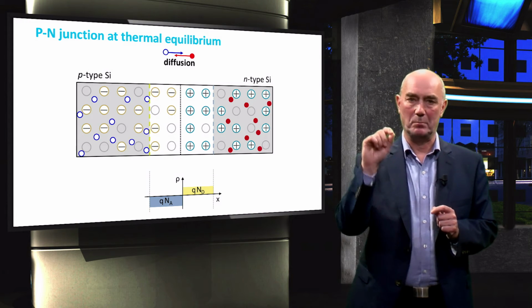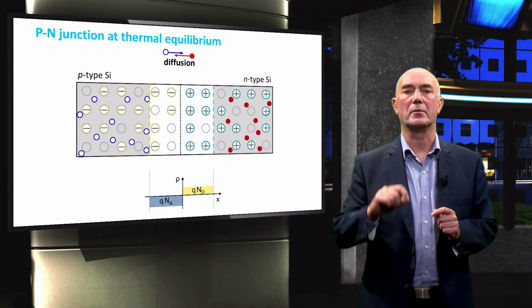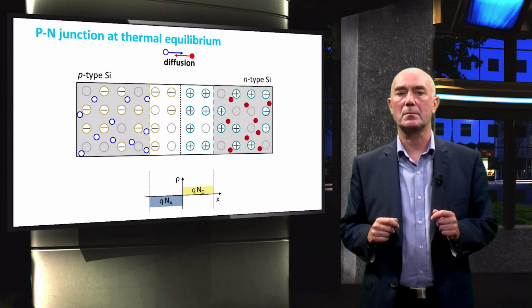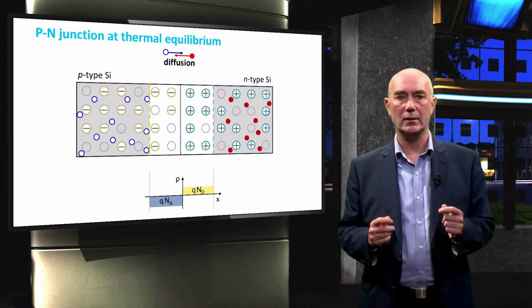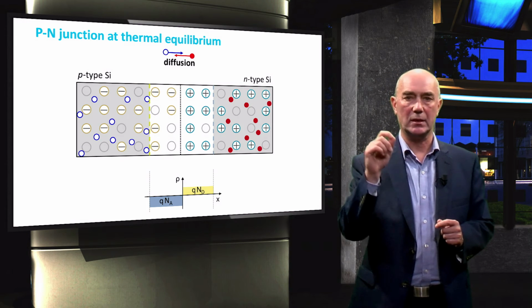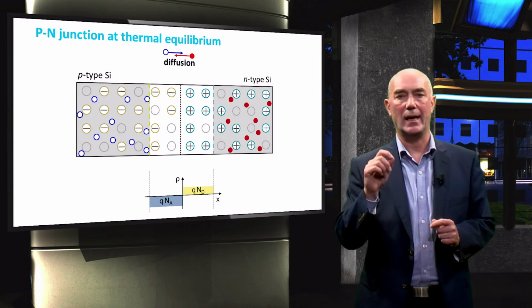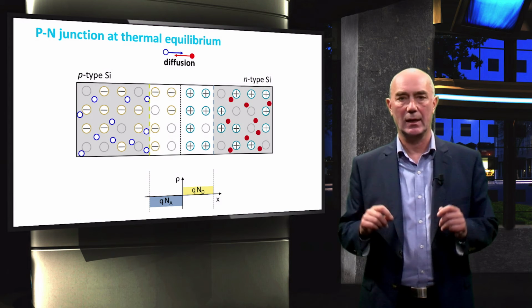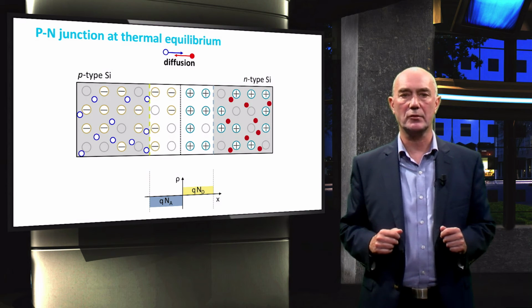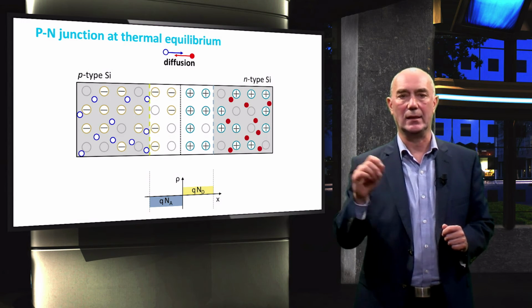And since there is a depletion of electrons in the n-type region, this part is positively charged. The amount of charge in the p-type region is proportional to the acceptor concentration there, Na. And the amount of positive charge in the n-type region is proportional to the donor concentration there, Nd.